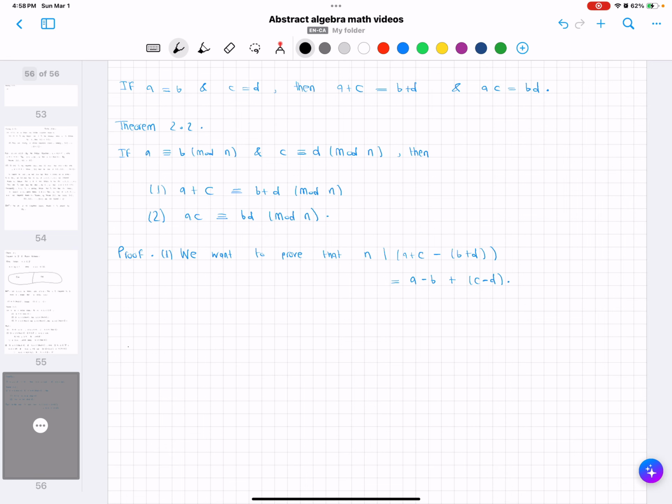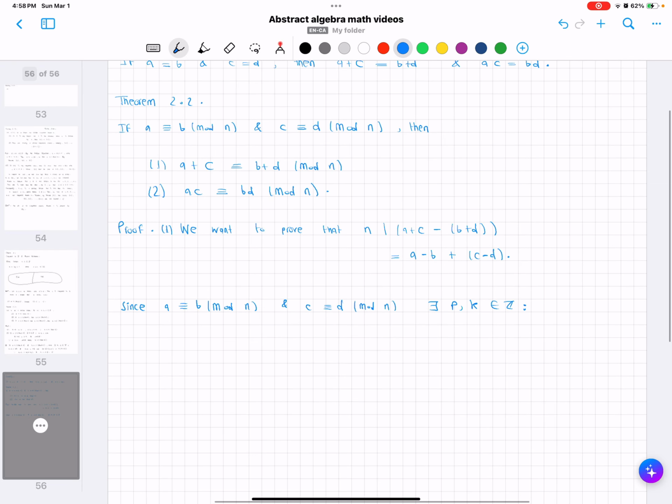Since A is congruent to B mod n and C is congruent to D mod n, there exist p as well as k belonging to the integers such that A minus B is n times k and C minus D is n times p.